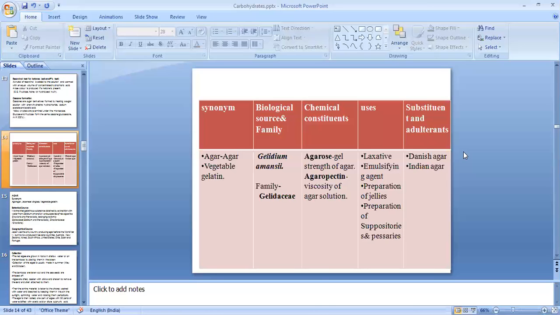It is used as a laxative, emulsifying agent, suspending agent, as well as in the preparation of jellies, suppositories and pessaries, and it is also used in media preparations. It is otherwise called a vegetable gelatin.